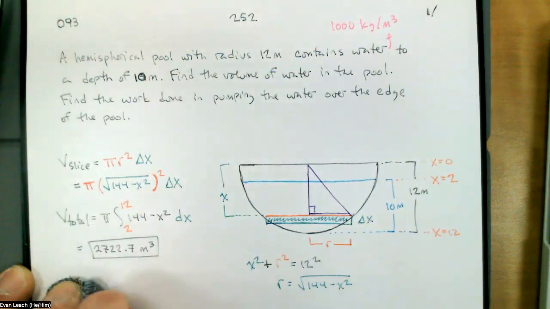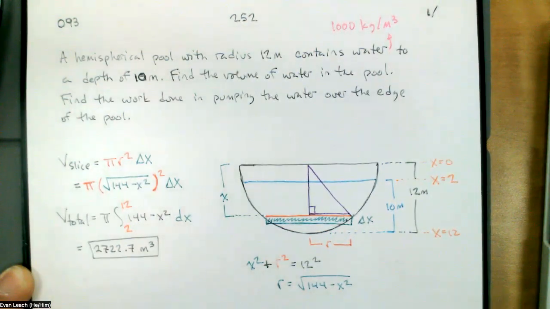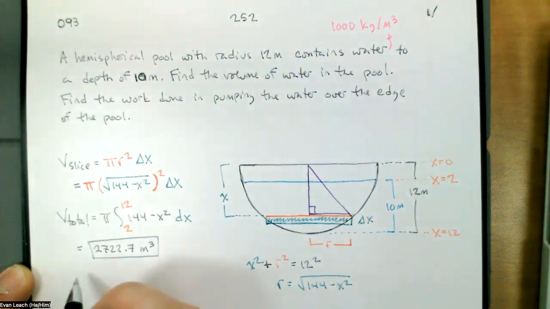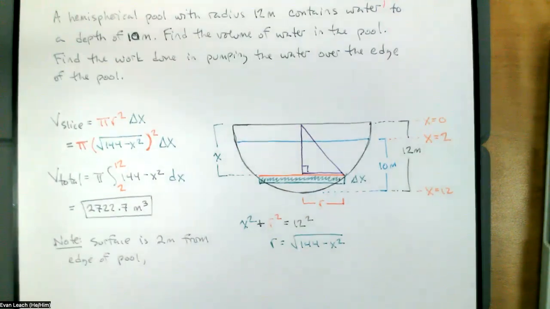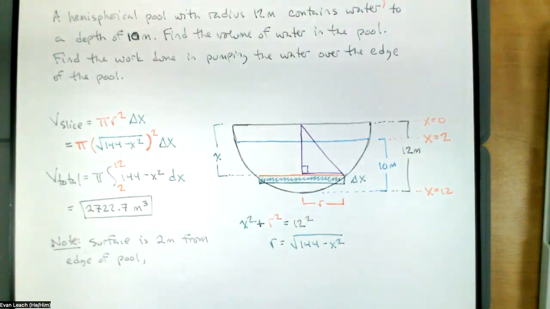So in the work part of the problem, the surface of the water only needs to go 2 meters. The surface is 2 meters from the edge of the pool, but the bottom of the pool is 12 meters from the edge of the pool.